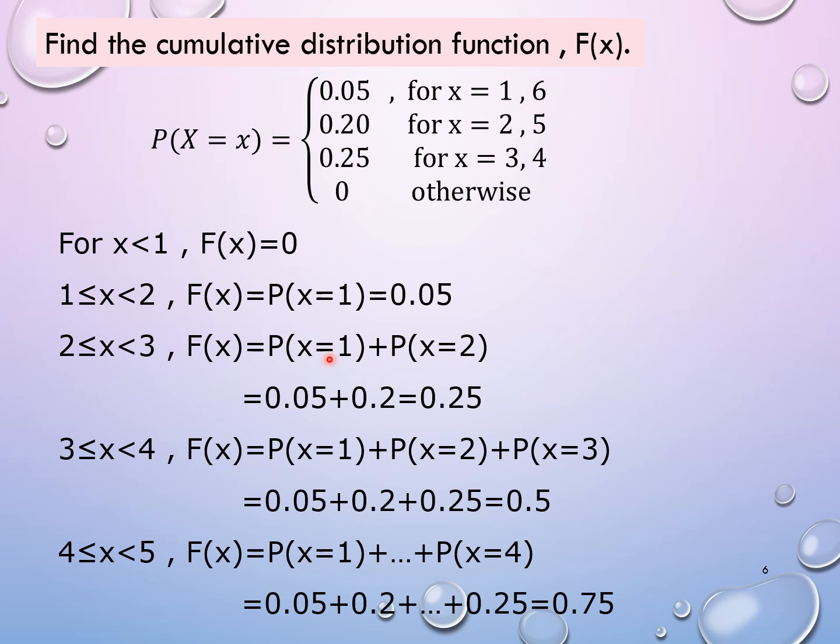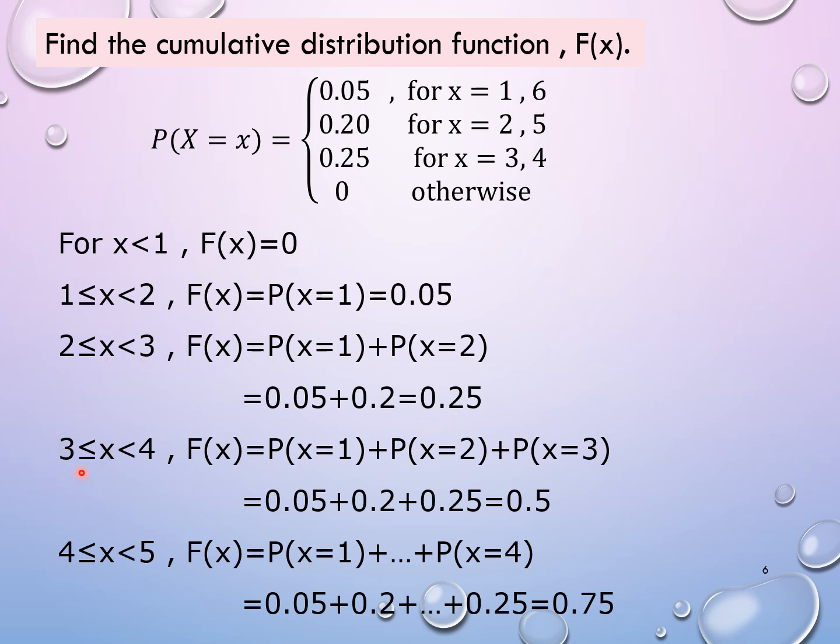How do we get these values? We just refer back to the PDF. Probability x equal to 1 is 0.05, probability x equal to 2 is 0.2, so you get 0.25.